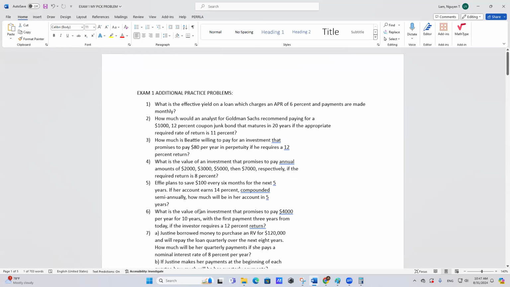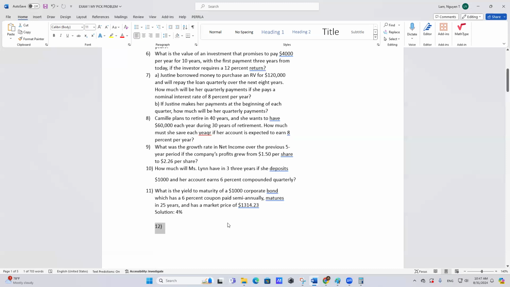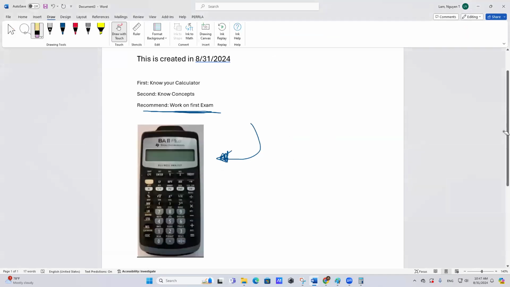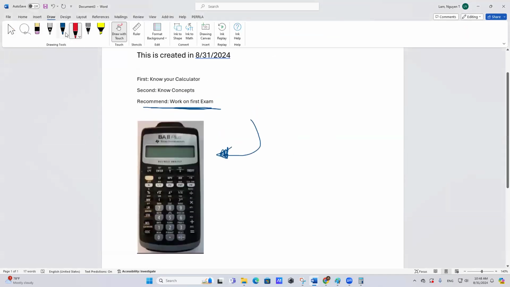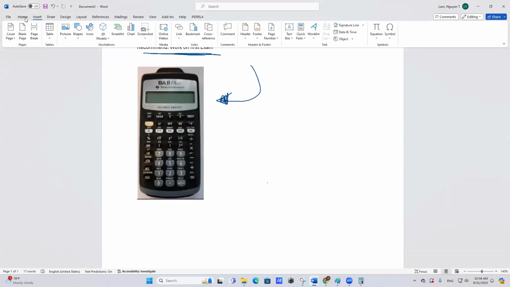And if you feel comfortable with these 11 problems already, skip around to the last video. In the last one, I will talk about the hardest problem, which is called two-stage growth models. All right, without further ado, we are looking at this problem right here.